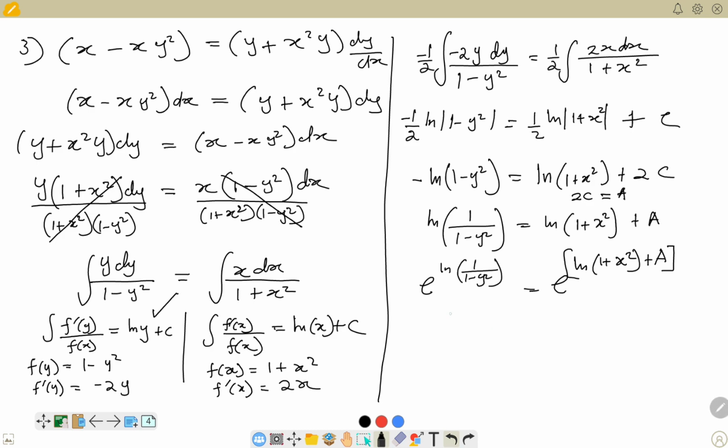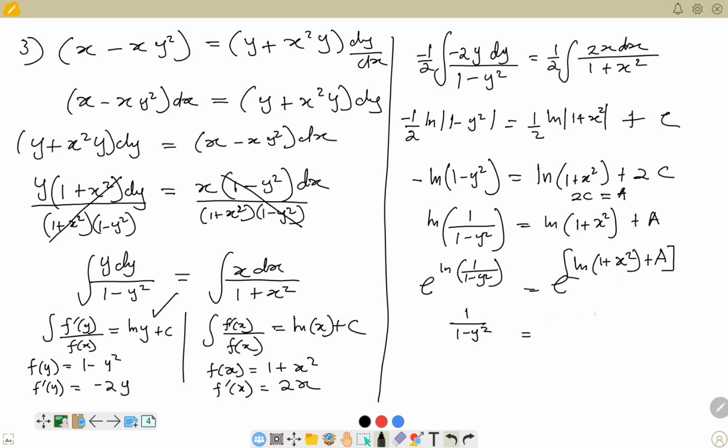So if we solve here, we know that if we raise a ln function with e, whatever is inside the ln will remain.